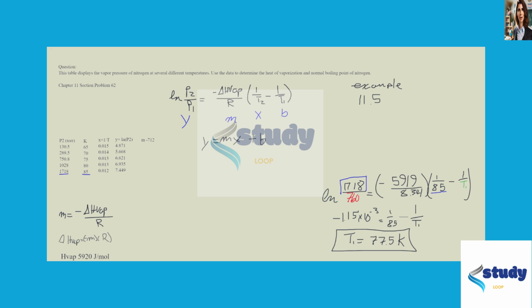And what we don't have in this equation is the T1, and we don't have the delta H vap.